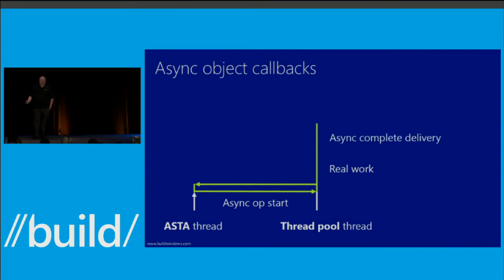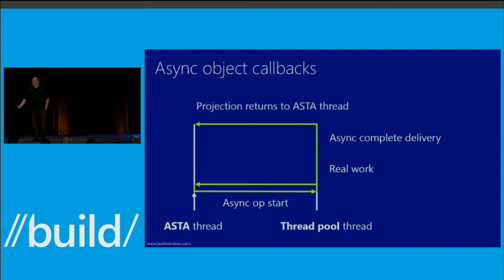And then all of our language projections will say, oh, you want that async completion back on the UI thread because you kicked off this work from the UI thread. And so it gets returned to the UI thread. Now, that's the projection. The language projection is doing that work for you. That's await if you're in C#. That's create task. That's promises in JavaScript, moving that async completion back to the UI thread to make sure that UI code can see this all in a single thread.